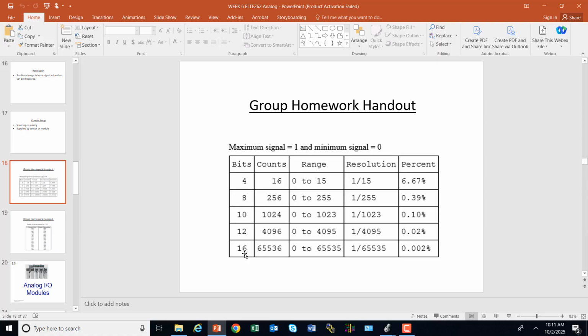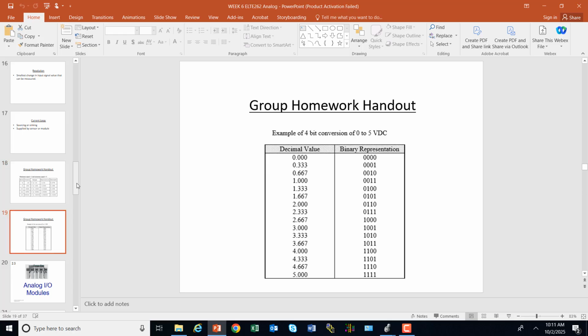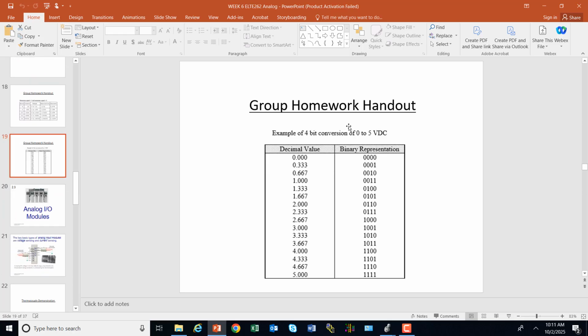Whereas if you get up to 16-bit resolution, then each item that you're reading, like voltage or amps or whatever, you're dividing it by 65,000 and you're getting much better resolution. The example here is of a 4-bit conversion.